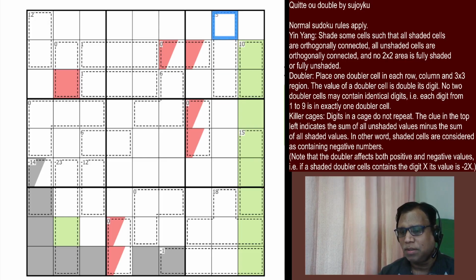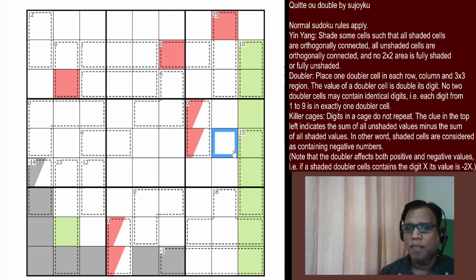That means this is a doubler now, and if that's a doubler, that is not a doubler, and that means this is a doubler. So we got three doublers. But we don't know whether the value is positive or negative. But these are doublers for sure. The fourth doubler is here. Oh, that's negative. But we don't know whether this is positive or not.